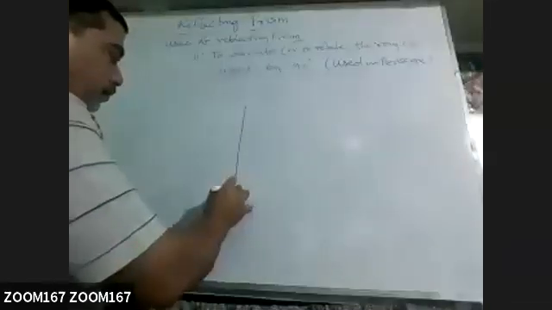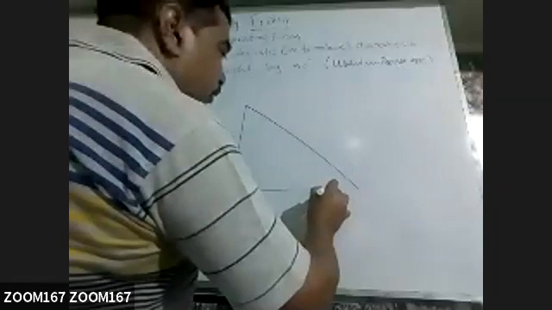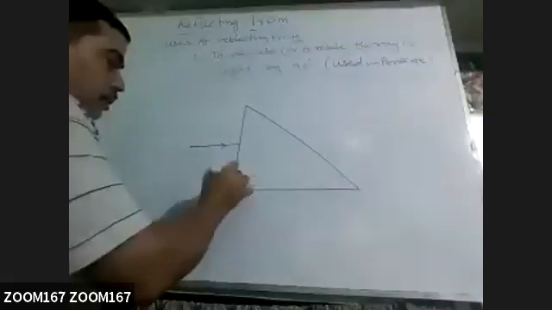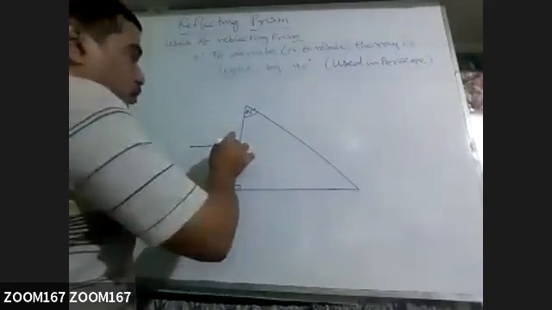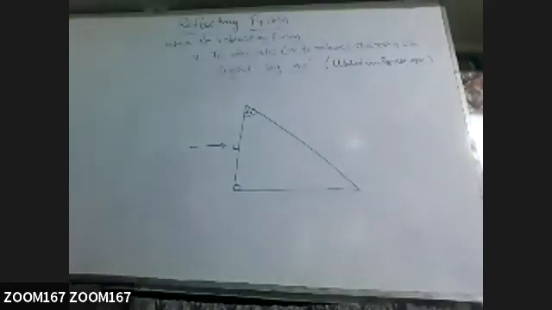Okay, so in this case what is happening? The general ray diagram we asked. Suppose the ray is coming like this. This is 90 degrees, this is 45 degrees, that is 45 degrees. When the ray is incident normally, what will happen?